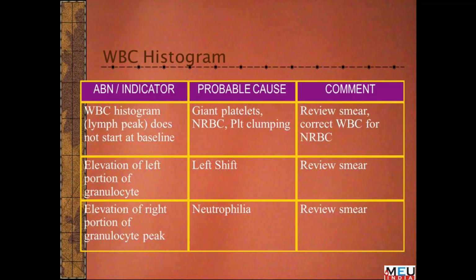In all these cases, we should review the smear. If there is elevation of the left portion of the granulocytes, then there is a shift to the left, which could be because of monocytes or eosinophils. If there is elevation of the right portion of the granulocyte peak, then it is marked neutrophilia.